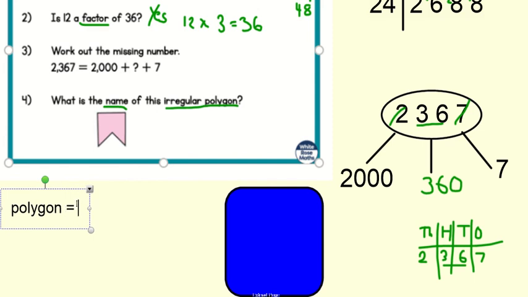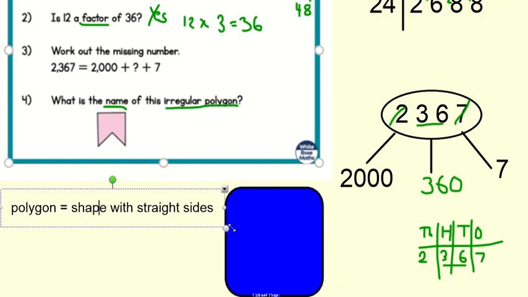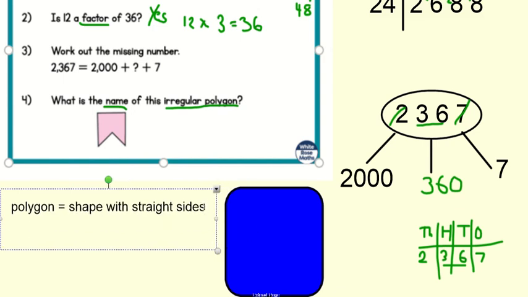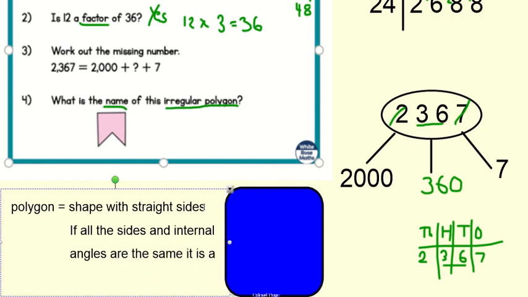Well, a polygon is a shape with straight sides. So all the sides will be straight. And if all the sides and internal, so that means inside, so if all the sides and the internal angles, the angles inside of the shape, are the same, it is a regular polygon.